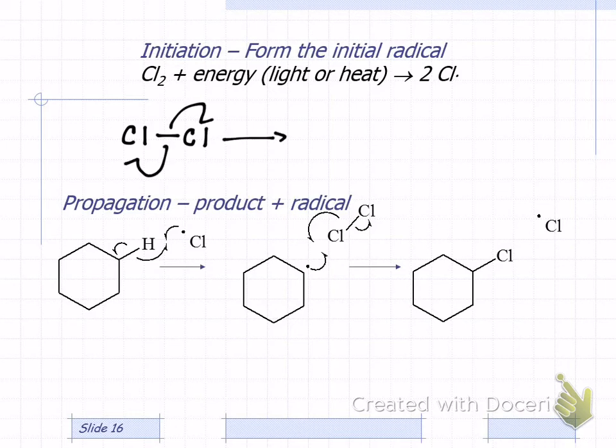And that forms 2 Cl radicals. Like that. So that's the initiation part. Sometimes the initiation part is more complicated. Sometimes it's easy. You break one bond. Okay, you only do that once in the mechanism.